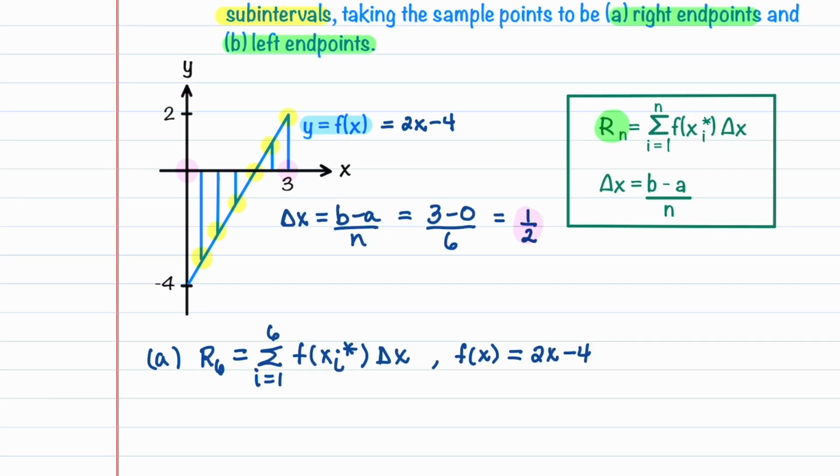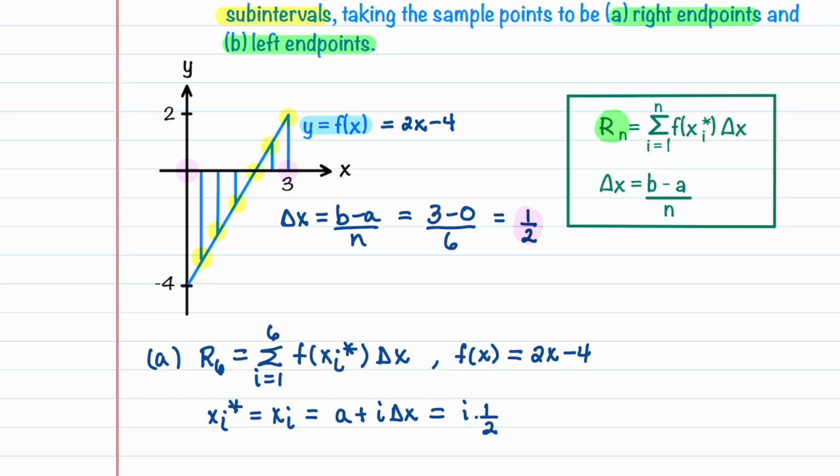we can say that x sub i star is just equal to x sub i, and the formula for that is a plus i delta x. a is our left-hand endpoint, which is 0, so we just have i times delta x, which we calculated to be 1/2.